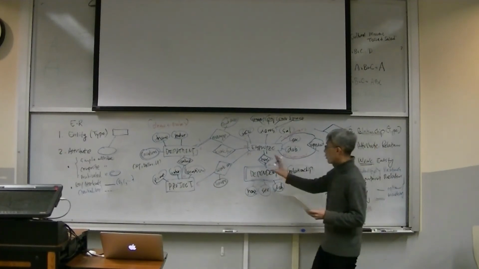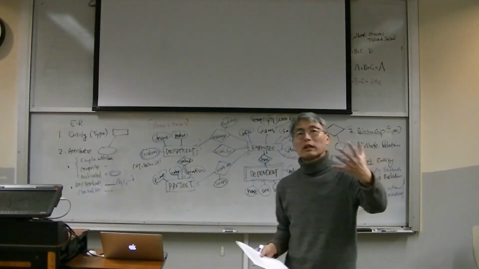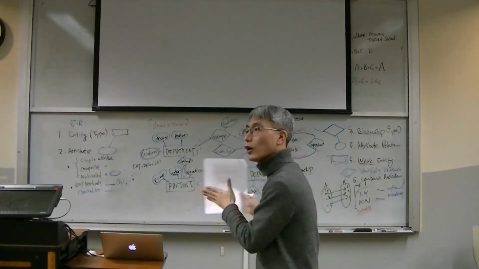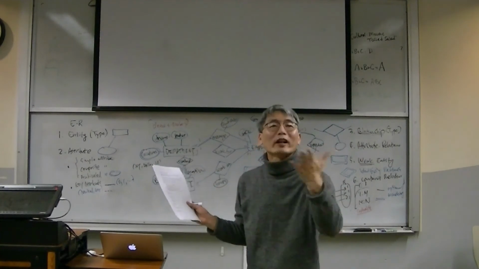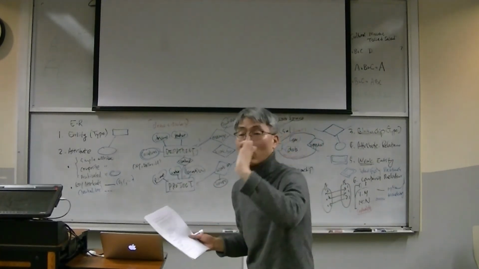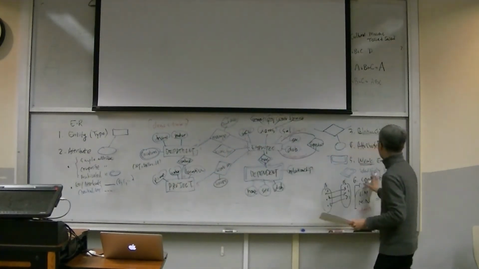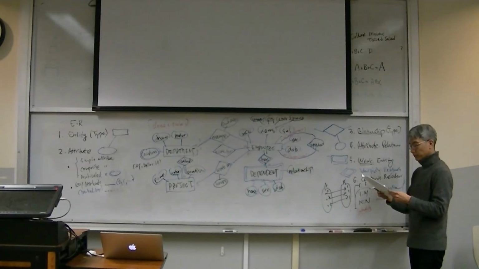So I'm not going to go over the others, but in the project, like the UV registration system, when you are doing the conceptual design, you are the one who decides whether this is mandatory or optional. Okay, so this is the constraint of the relationship.